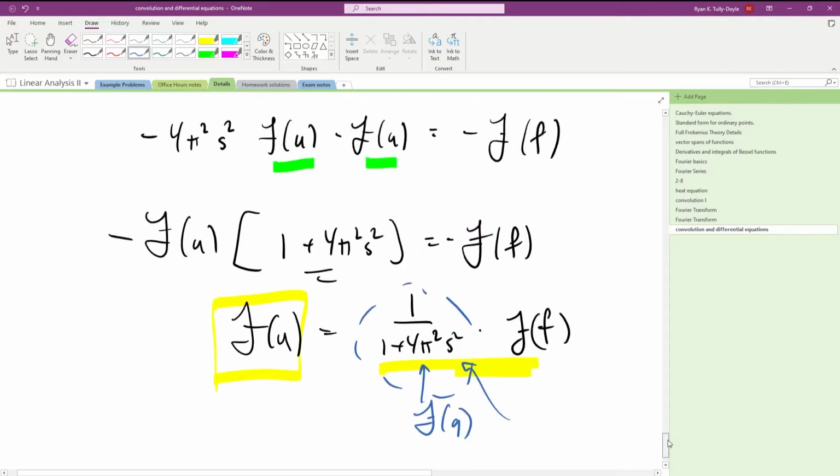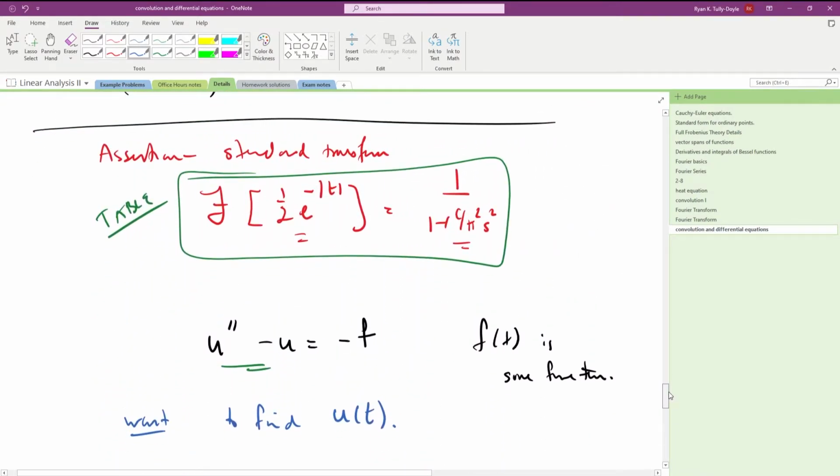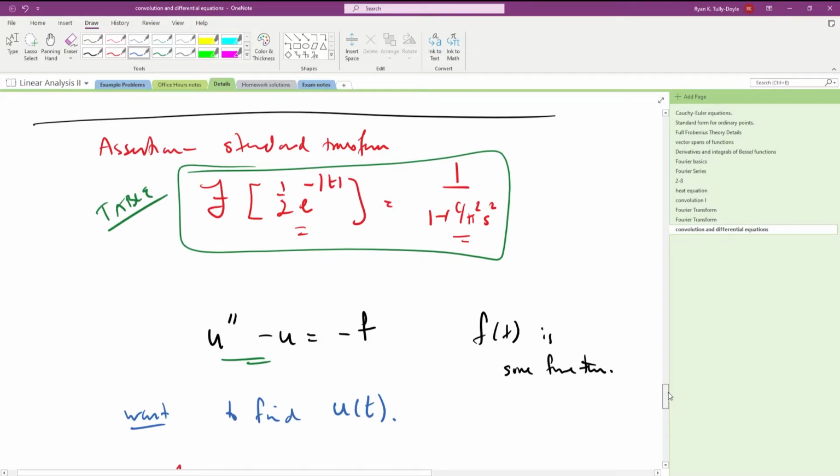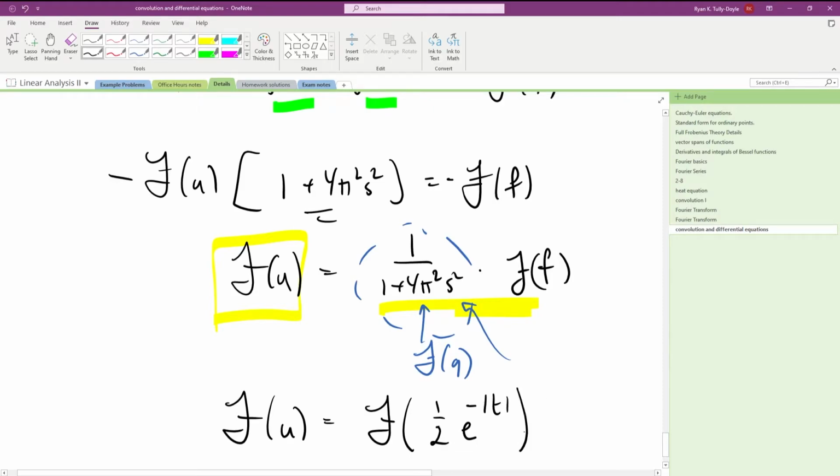Remember back at the beginning of our discussion, I wrote down that we were going to use the fact that 1 over 1 plus 4 pi squared s squared is the Fourier transform of 1/2 times e to the minus absolute value of t. So this is equal to the Fourier transform of 1/2 e to the minus absolute value of t times the Fourier transform of f.